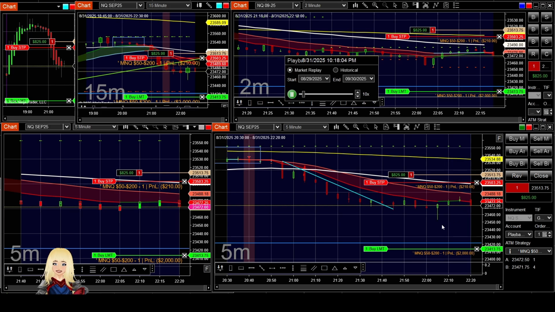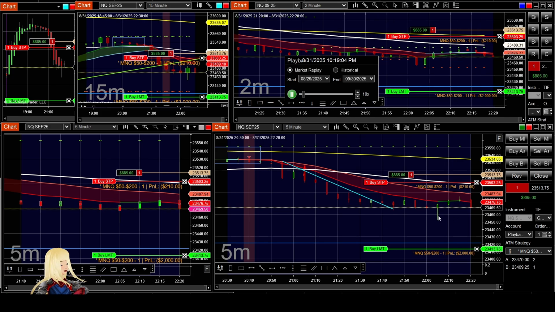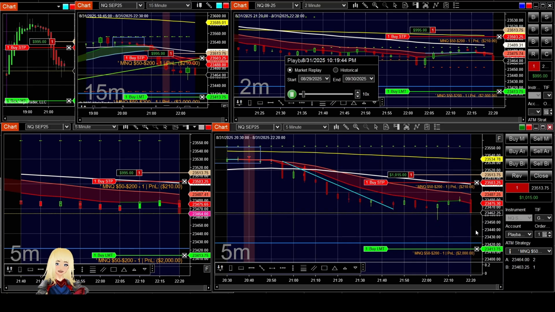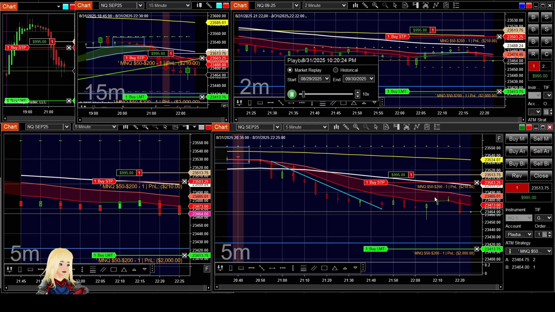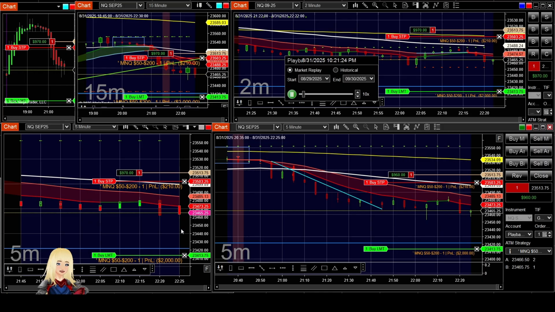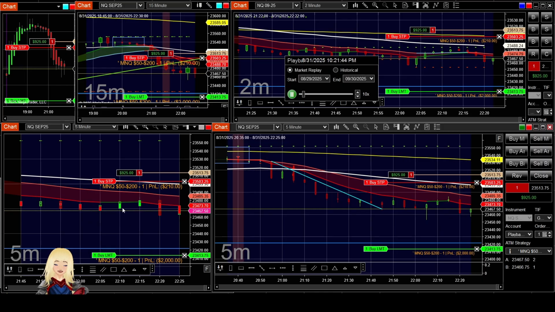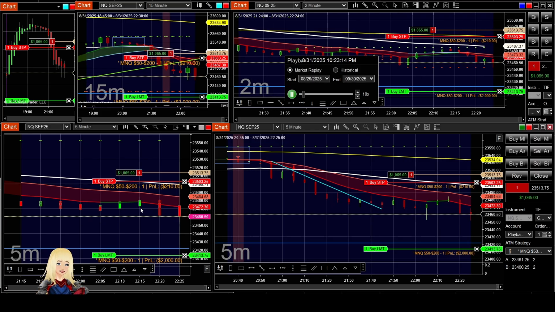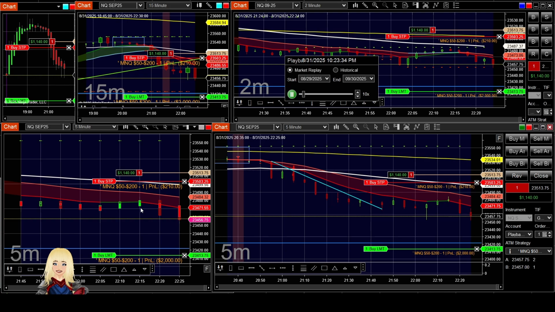We could have taken profit down here on this candle, but we're going to go ahead and stay in the trade because the trend is still showing we've got a red cloud descending, and over here our Heikin-Ashi is saying that it's still red. And here when the Heikin-Ashis were green, as long as it was at the bottom of the cloud, we don't want to worry too much about that.